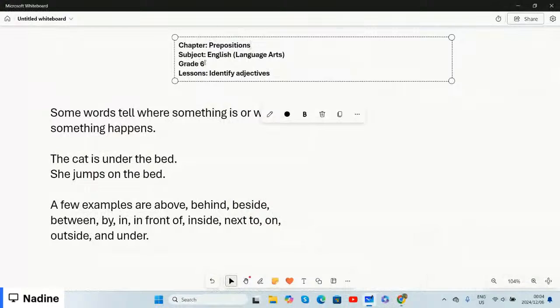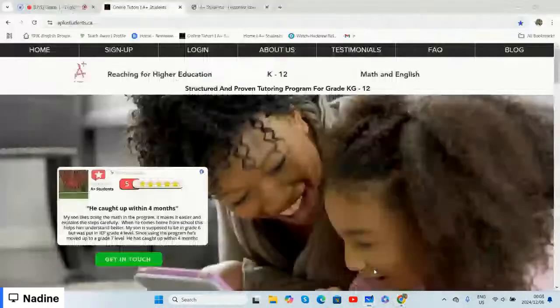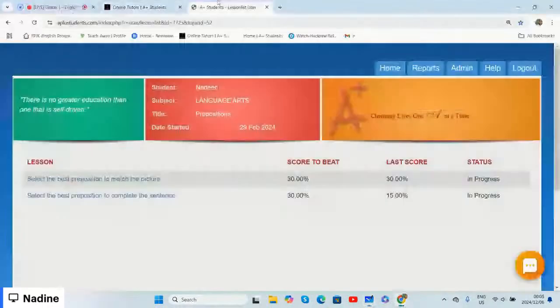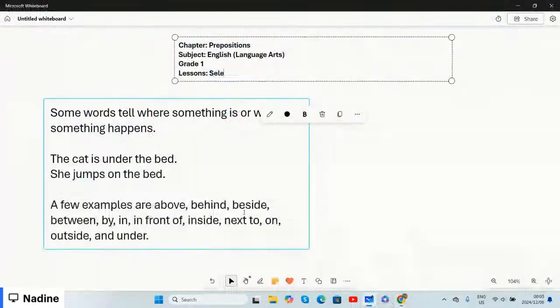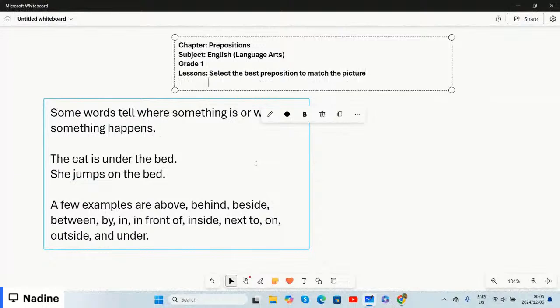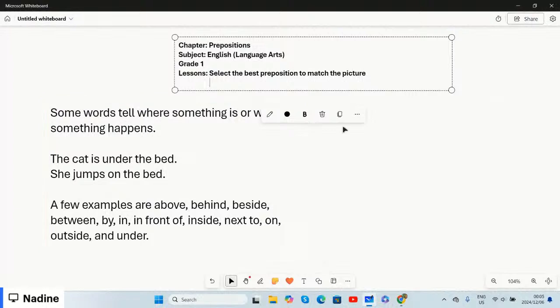Once you've logged on to aplusstudents.ca with our username as well as our password, we're going to select the subject of English Language Arts.